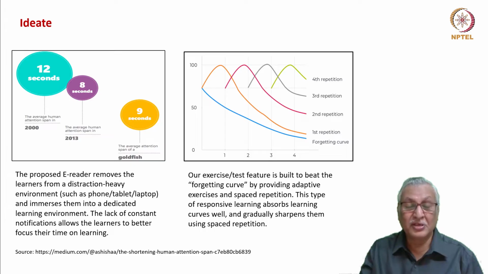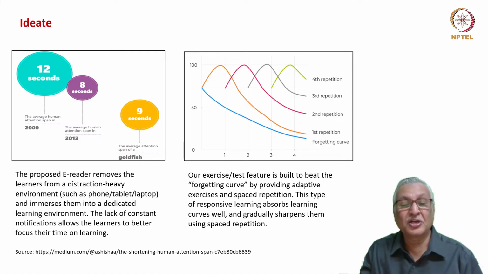So the e-reader must ensure that the reader's attention is riveted to the book. The proposed e-reader removes the learners from a distraction-heavy environment such as phone, tablet, laptop, and immerses them into a dedicated learning environment.